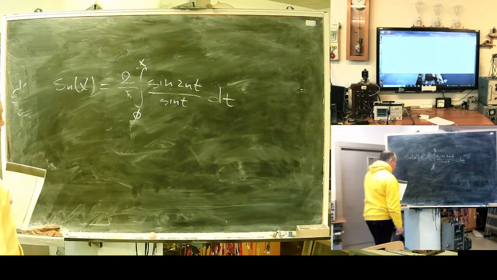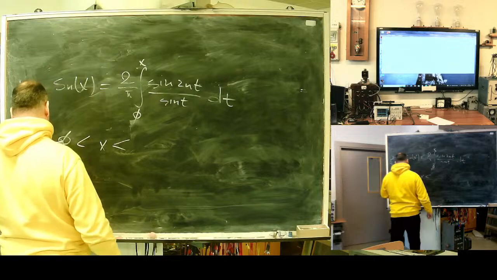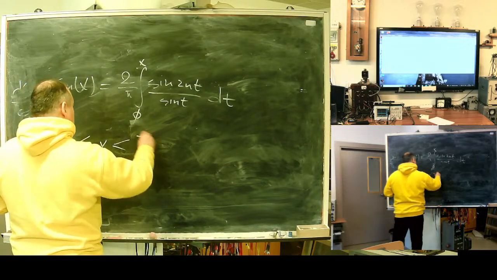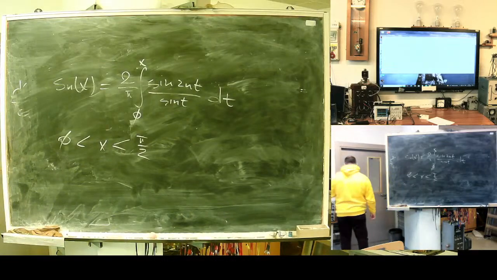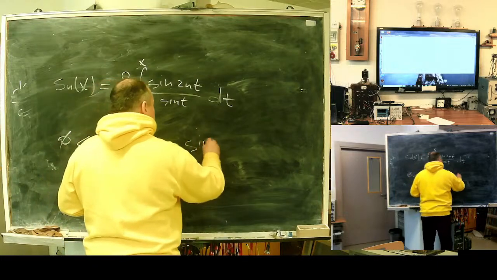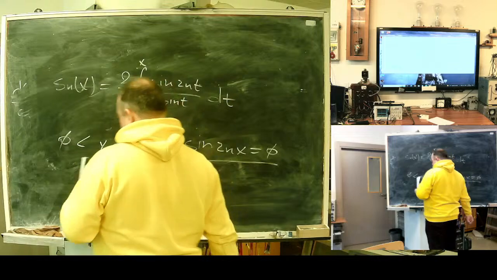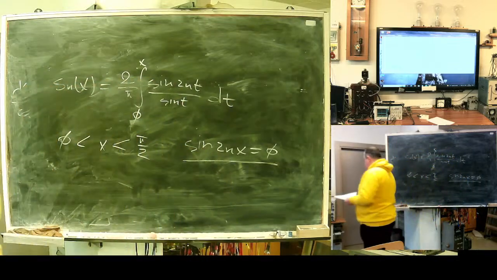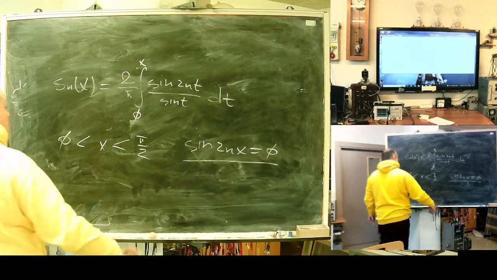For the range starting from 0 and ending at π/2, at the first maximum, extremal points correspond to sine 2nx equals 0. This allows me to pinpoint extremal points.